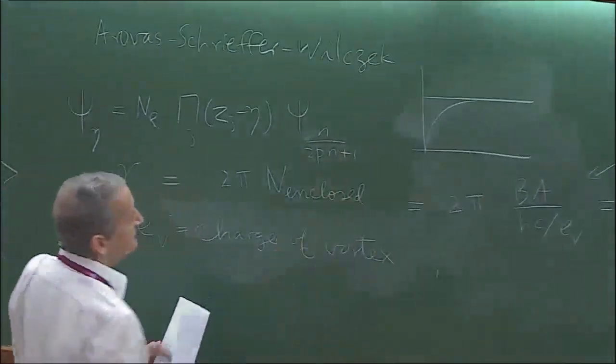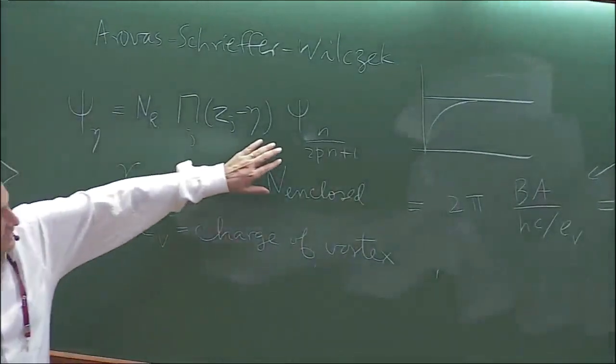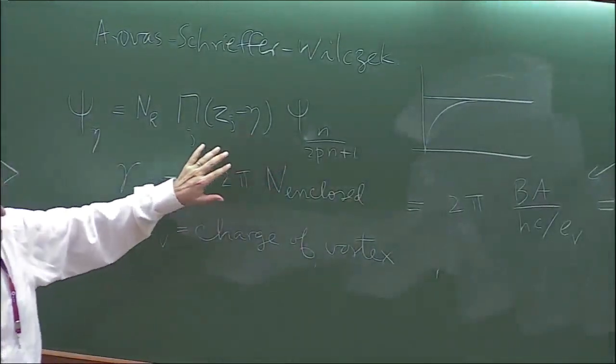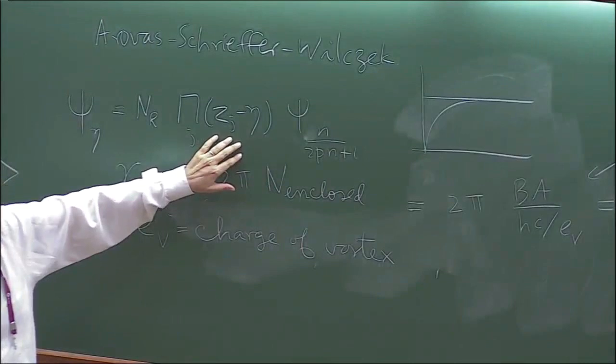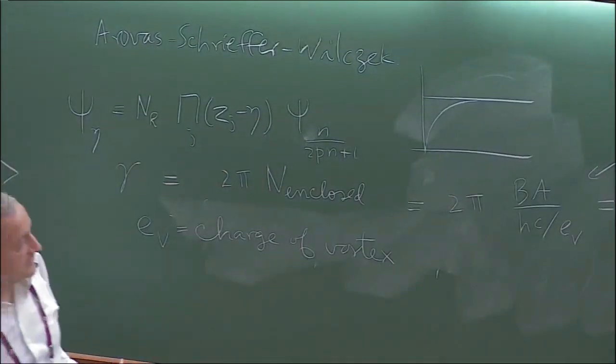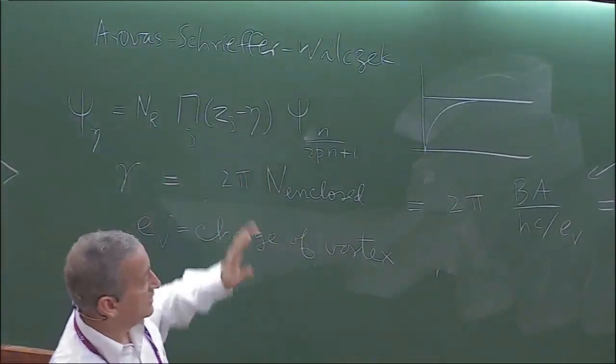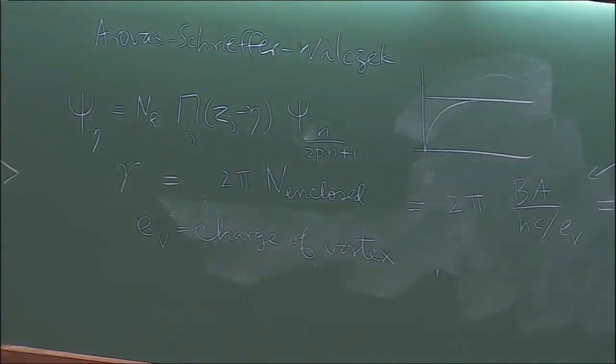To simplify things, let's create a vortex at the origin. Okay. So the question is, how many elementary holes are created through this?